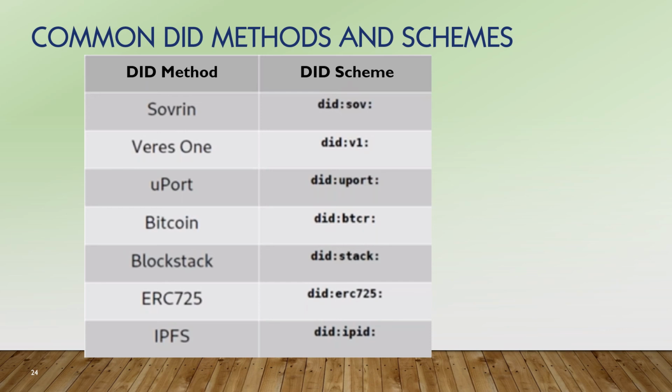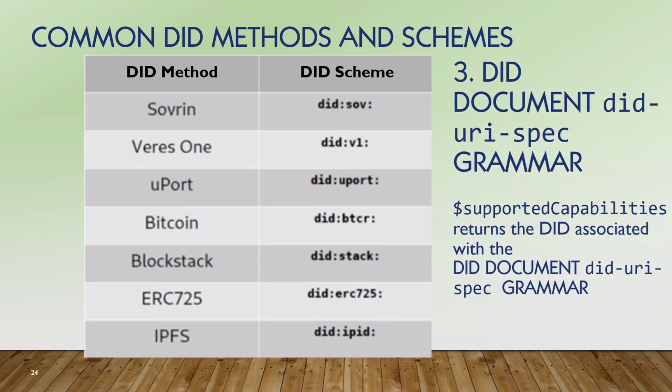Here we have the common DID methods and schemes. All of these operate on and return DID documents. Out of all of those, technically 9, counting the master grammar, the one that applies here is number 3, the DID document did-uri-spec grammar. If you were to take any of these DID schemes and pass in exclamation $supported capabilities, what would be returned is the DID that is associated with the DID document did-uri-spec grammar.